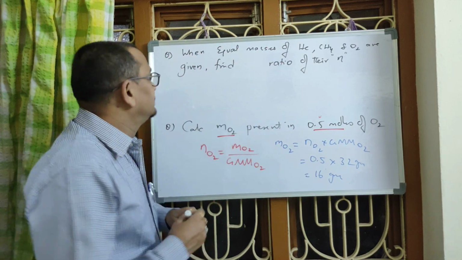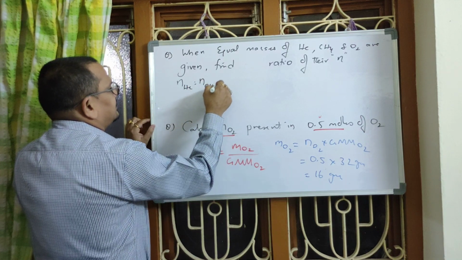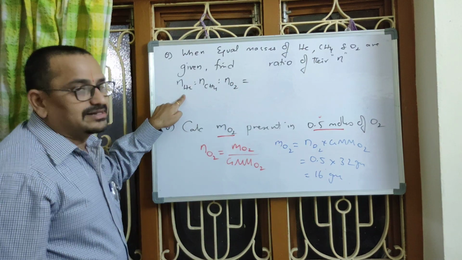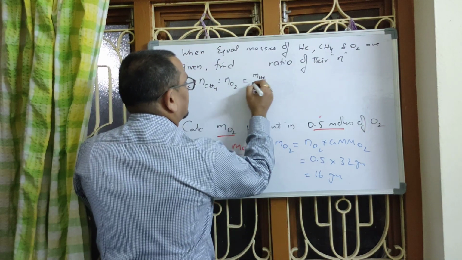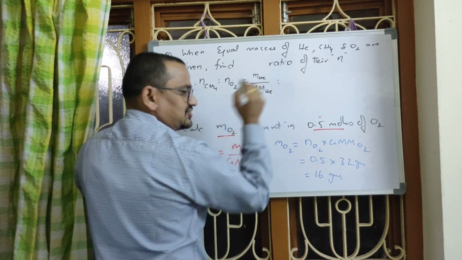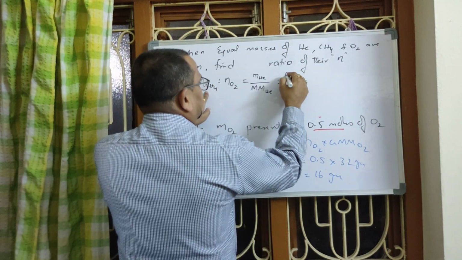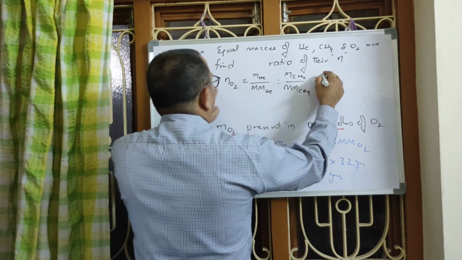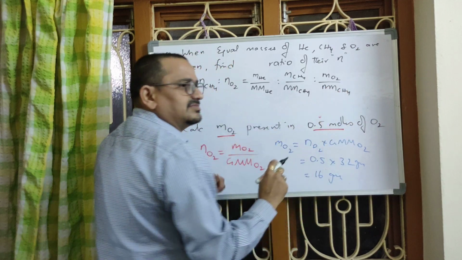What we have to find is the ratio of the number of moles of helium to the number of moles of methane to the number of moles of oxygen. How do we calculate the number of moles of helium? The relation is the mass of helium over the molar mass of helium, is to the number of moles of methane, the mass of methane over the molar mass of methane, is to the mass of oxygen over the molar mass of oxygen.